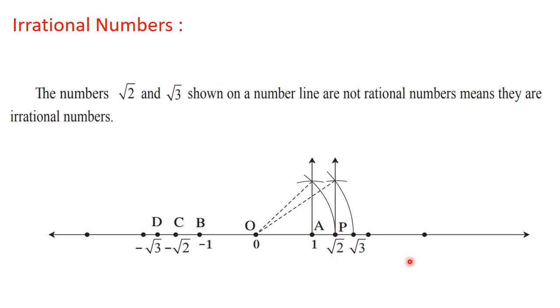Got it? This is only to explain what are rational numbers and what are irrational numbers. Like you can see here 1 and minus 1, they are rational. Opposite to that, root 2 or minus root 2, they are irrational numbers.